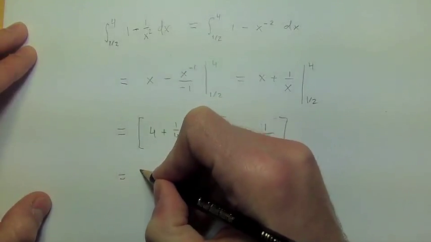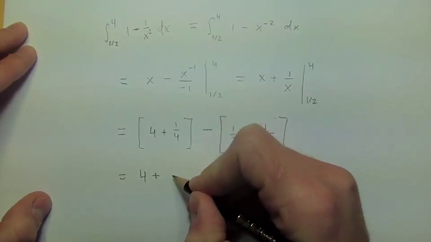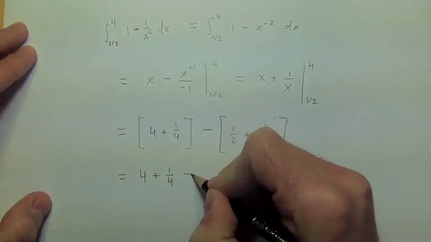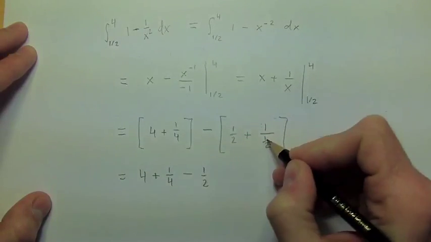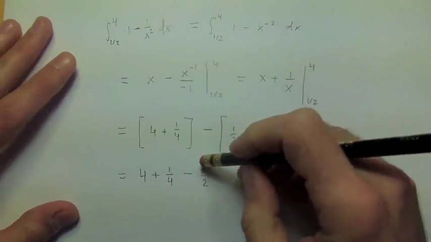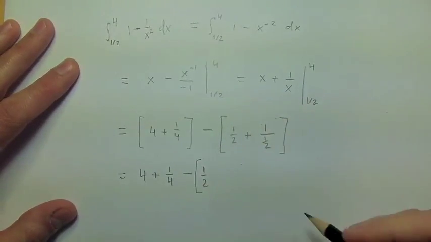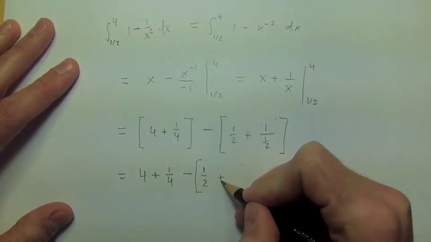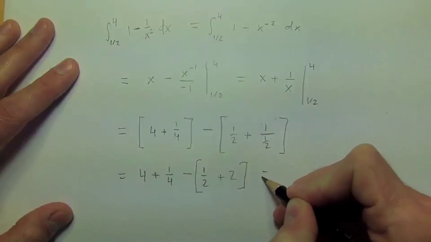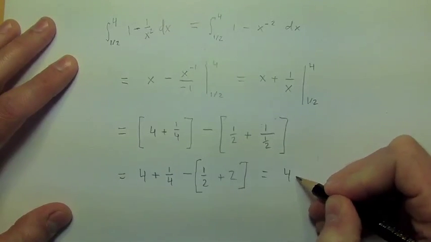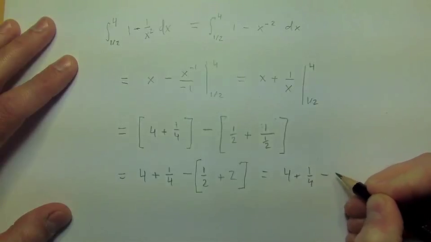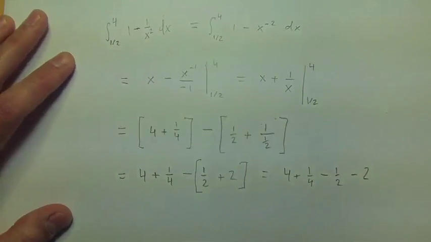Many of you might actually go straight to 4 plus 1/4 minus 1/2, and this, actually, let me get the brackets there, is just going to be plus 2. So it's going to be 4 plus 1/4 minus 1/2 minus 2.